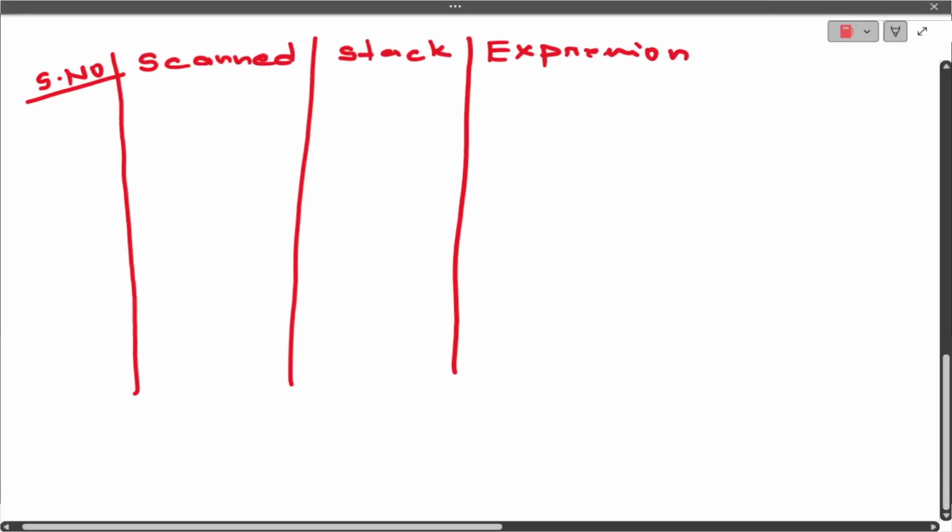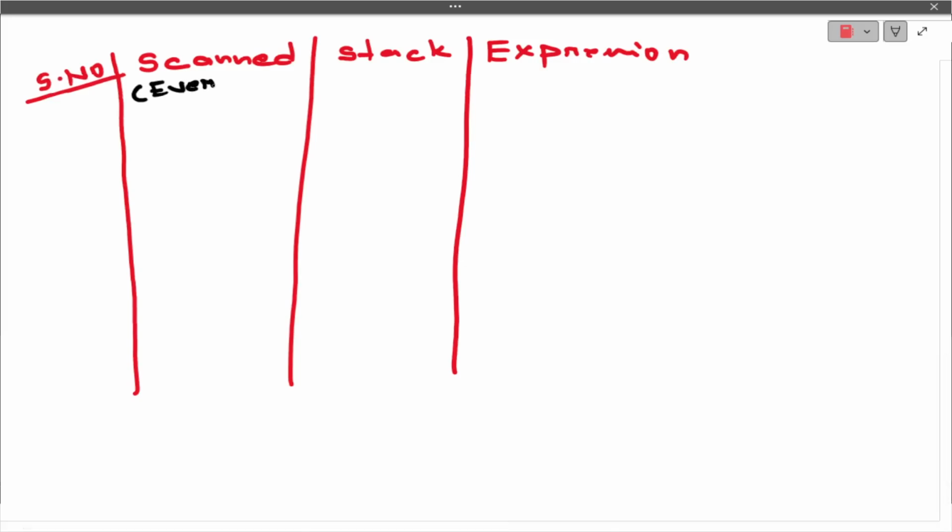Every element of the expression will be scanned here.